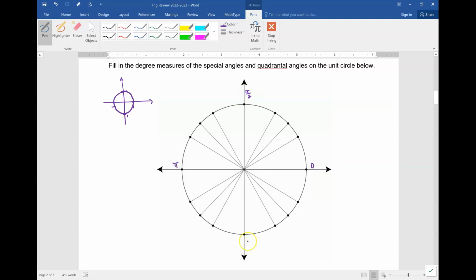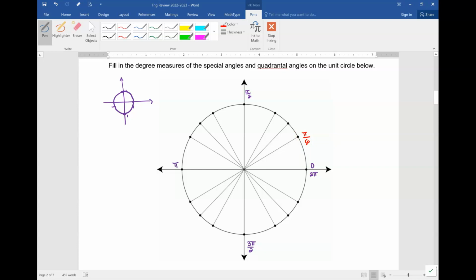And then on the bottom here is pi and then another half, so 1.5 pi, which I write as 3 pi over 2, and then I get back to 2 pi. Fabulous. The first marking here is equivalent to the 30 degree, which in radian is pi over 6.